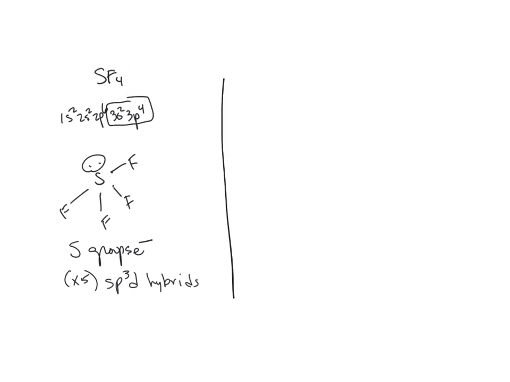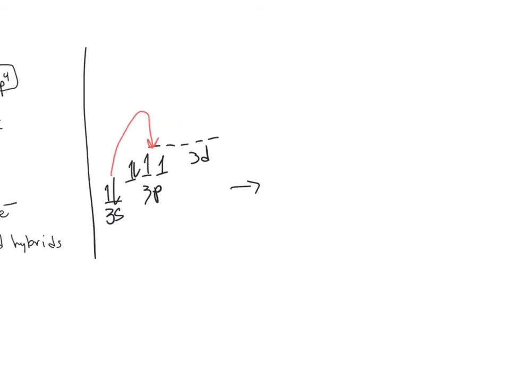Let's see how that works out. You start with sulfur, 3s, 3p, 3d. I'm scrunching them together to make a little bit more room. So you have 1, 2, 3, 4, 5, 6, and the d's are not filled, but you know that you're going to include the d, so take one of your s electrons and pop it up there, excuse me, into that 3d section.